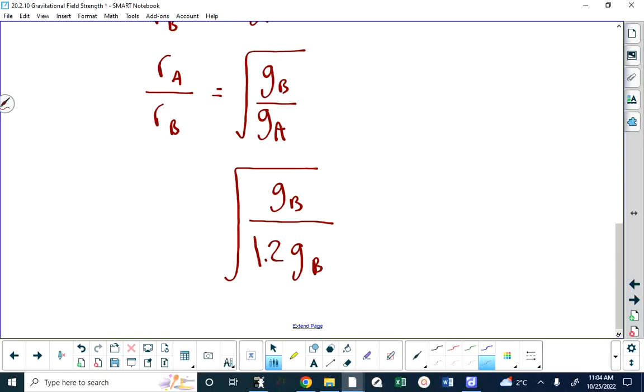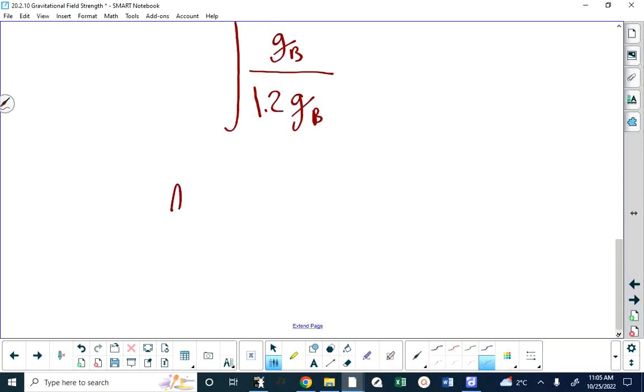For the gravitational field strength on A, I'm just going to put 1.2 times the gravitational field strength of B. It's an incredibly difficult question. These cancel, and you're left with the following for our answer. The square root of 1 over 1.2.